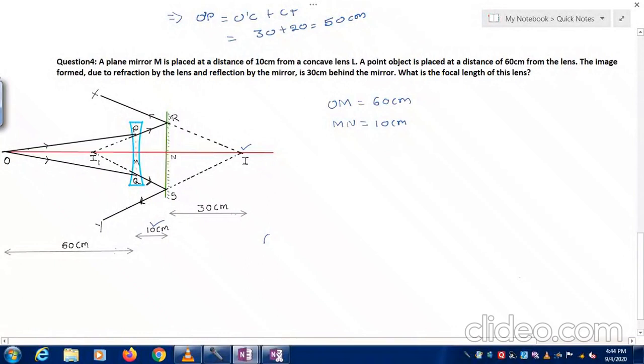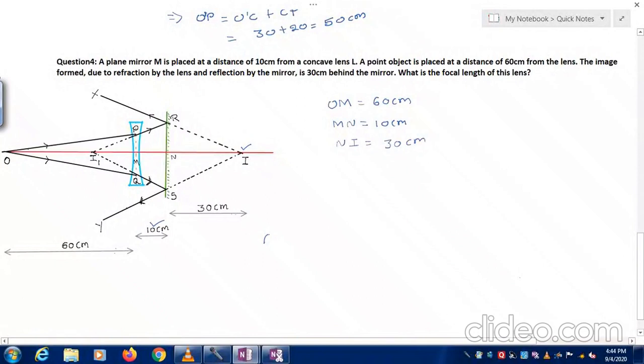So now let us find the image distance for the lens. See here MN is equal to 10 centimeter, OM is equal to 60 centimeter, and it is given that NI is equal to 30 centimeter.